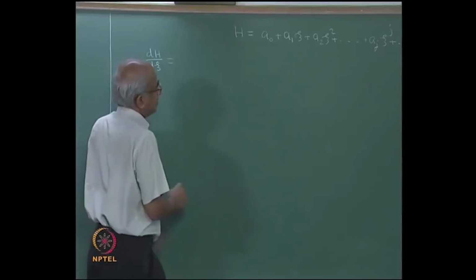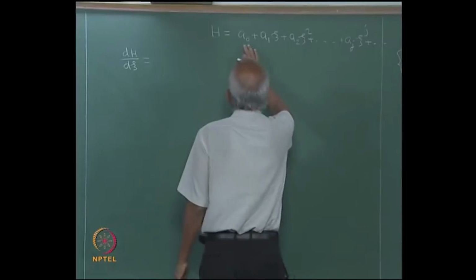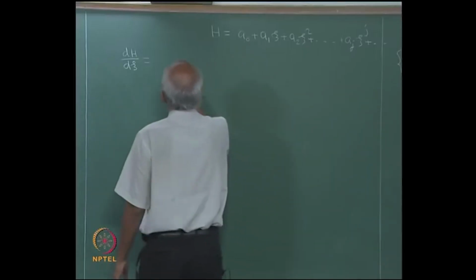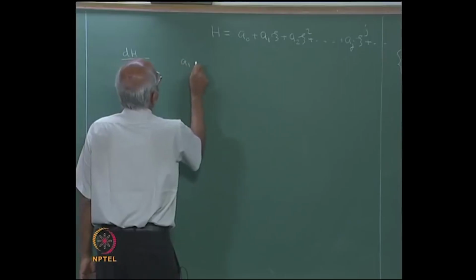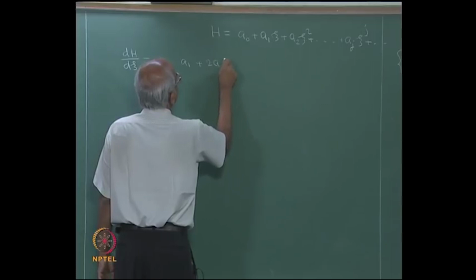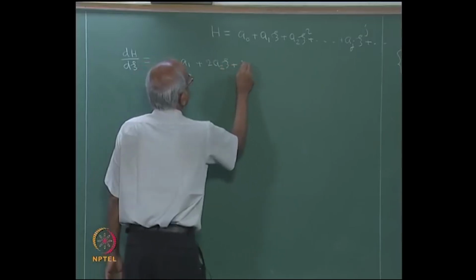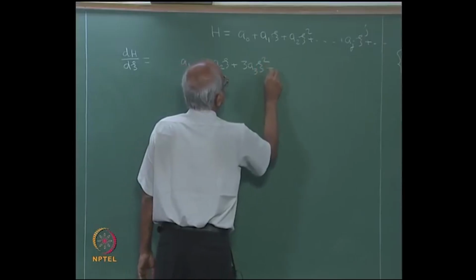What will it be? You have the series, it is fairly easy to differentiate it. Derivative of the first term will be 0, the second term will give me a1, next term will give me 2a2 c plus 3a3 c square plus etcetera.